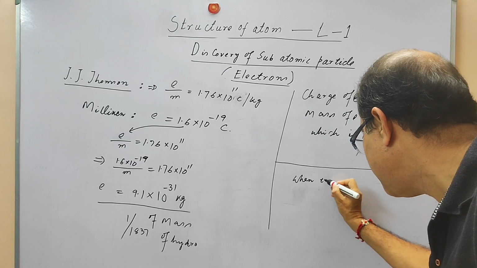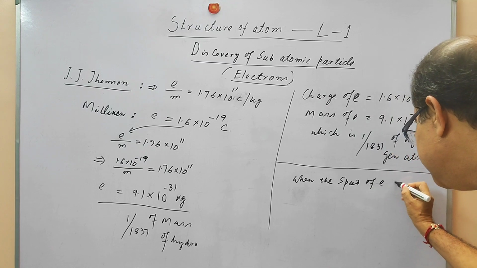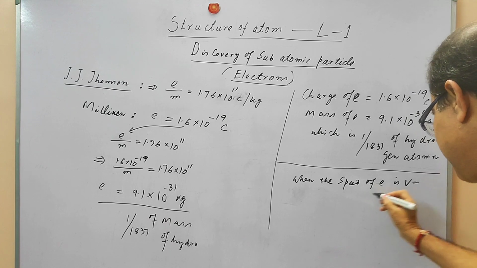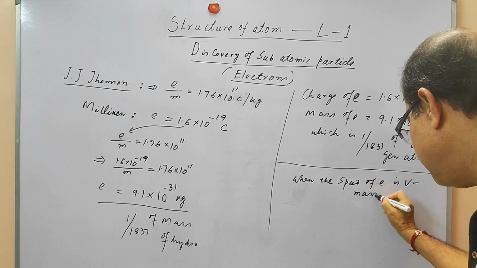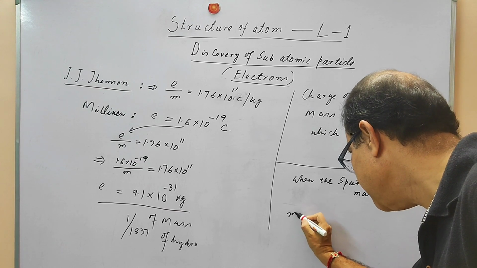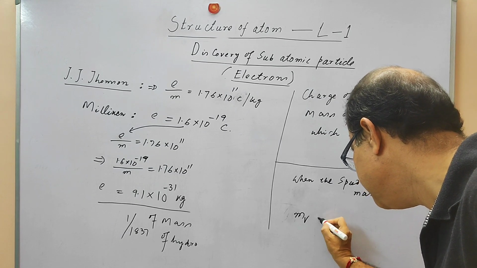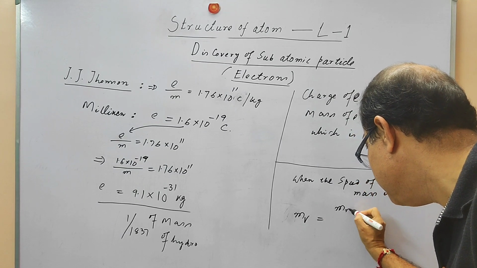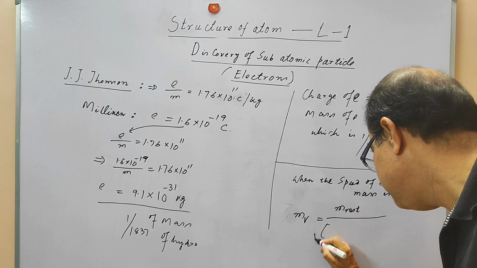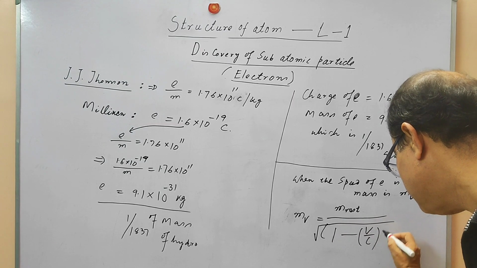When the speed of the electron is v, suppose its mass is mv. The formula is: mv equals m rest, the mass when the electron is at rest, divided by the square root of 1 minus v by c the whole square.